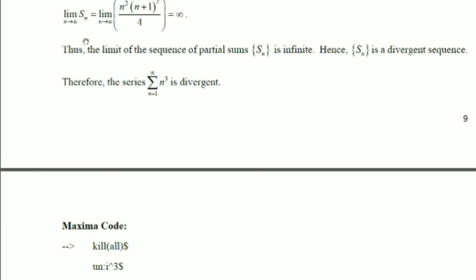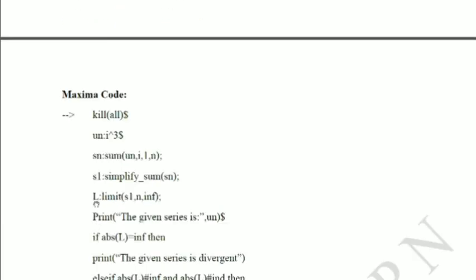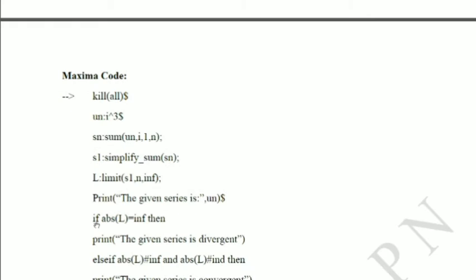Now we want to apply the limit. So L stores the limit of this S1 where n goes to infinity. Now print the given series is. Now check, if the absolute value of L is infinity, then print the given series is divergent.